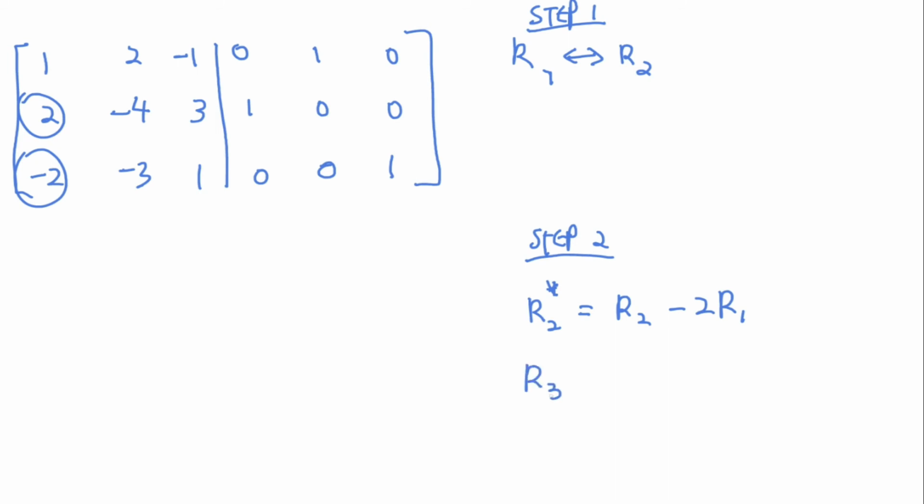And for row 3, the new row 3 is the original row 3 plus 2 row 1, because negative 2 plus 2 you can get 0.